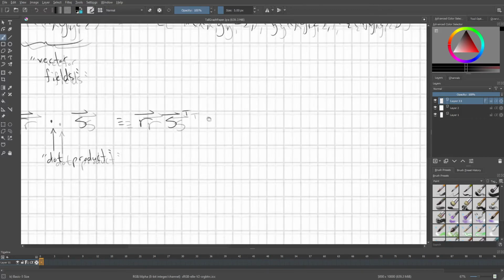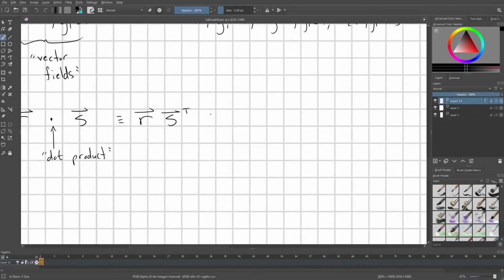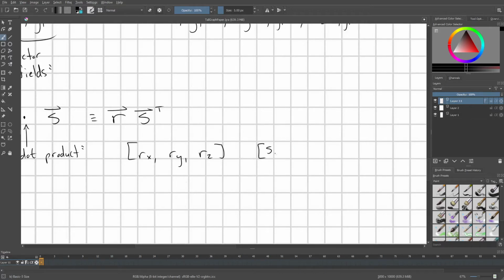So what does that mean? If we think of r and s like vectors, then rx, ry, and rz would have components like that, and s would have components sx, sy, sz.